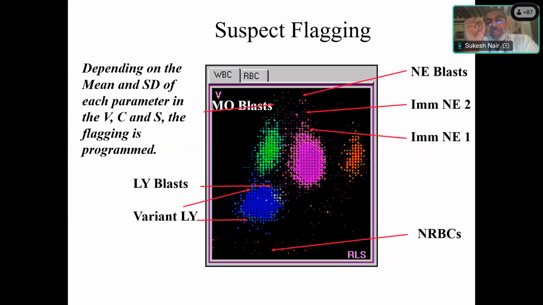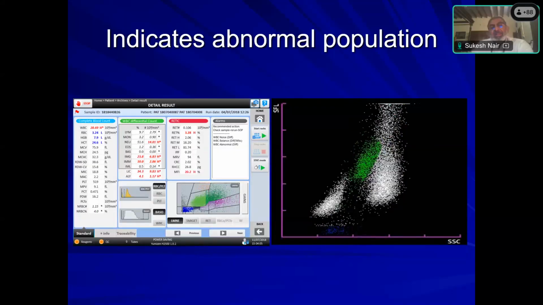It can identify a metamyelocyte, a myelocyte. It can even identify whether the blast is a myeloblast or a monoblast or a lymphoblast. So based on that, it will give you suspect flagging, which is called blast flags. And therefore, sometimes the cell counter gets confused. It is not able to give the count approximately because there are a lot of cells which are overlapping.